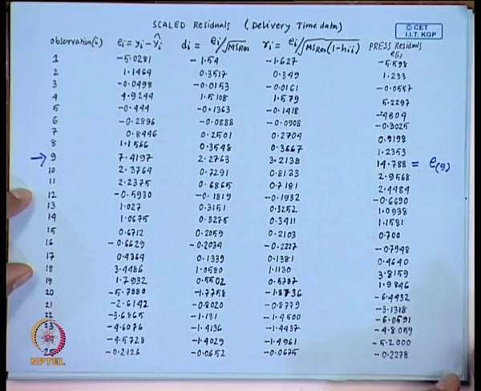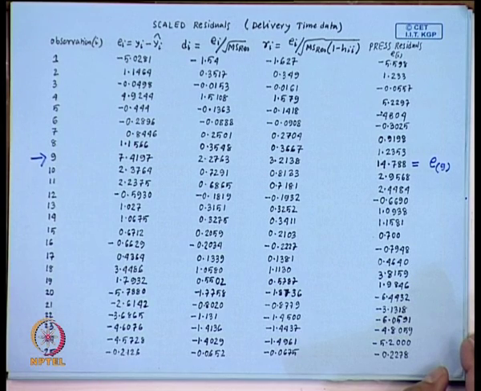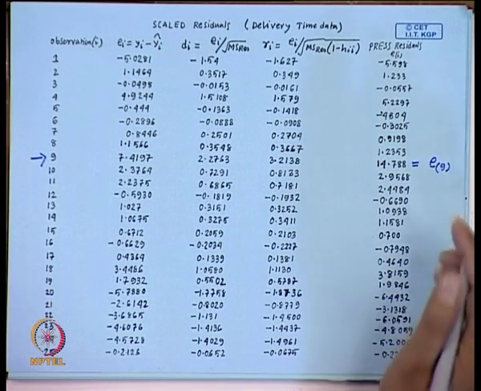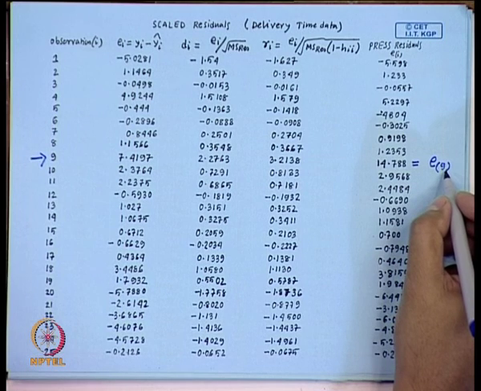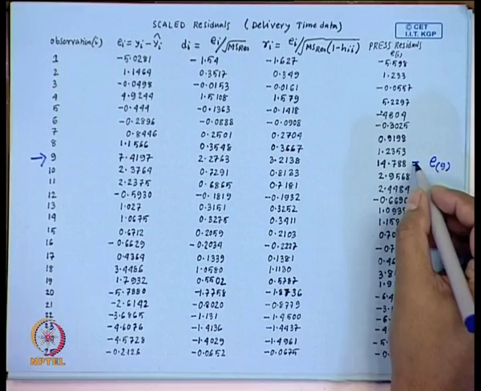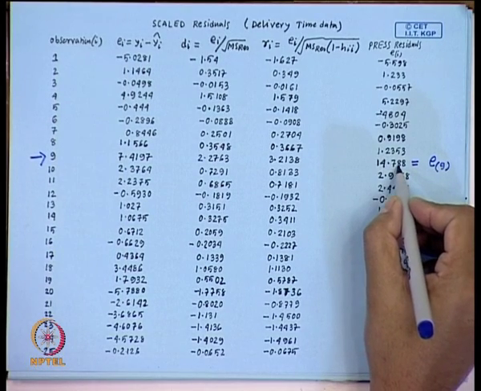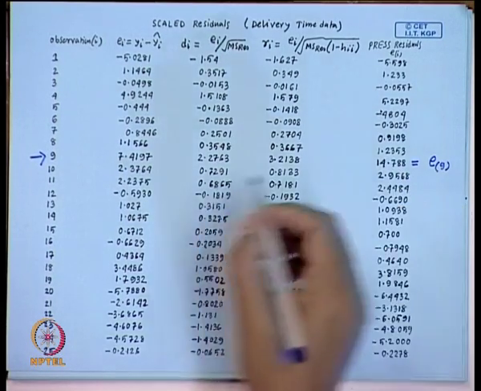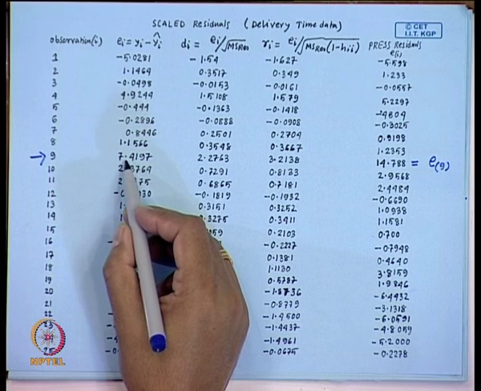Okay. So, for the ninth observation, the PRESS residual value is substantially larger than the regular residual.